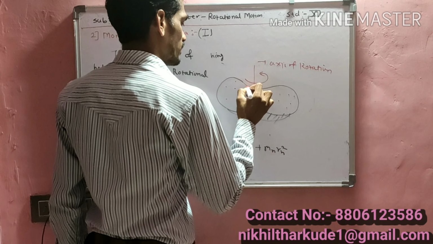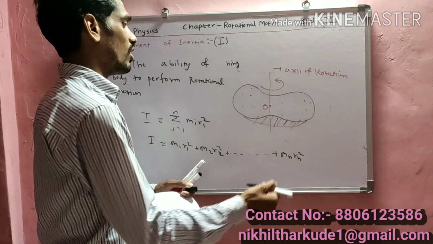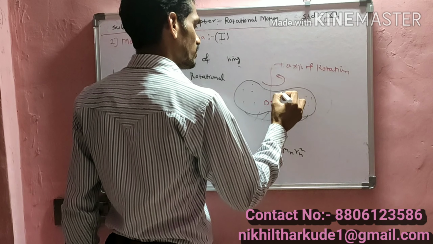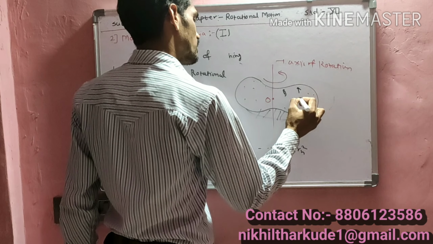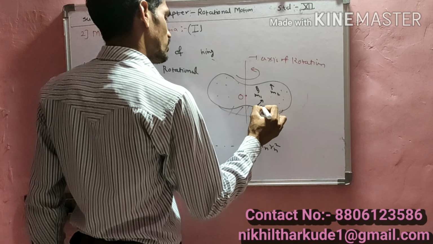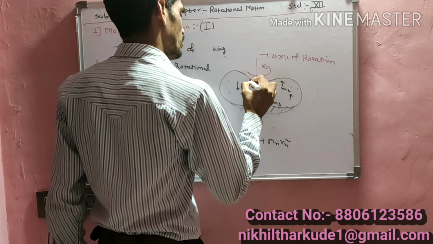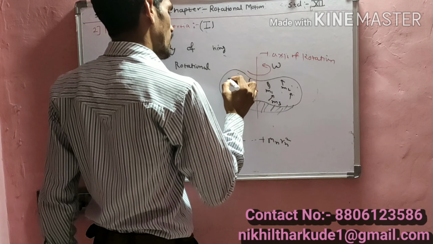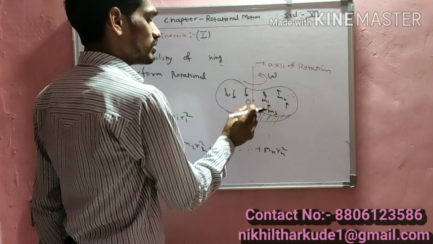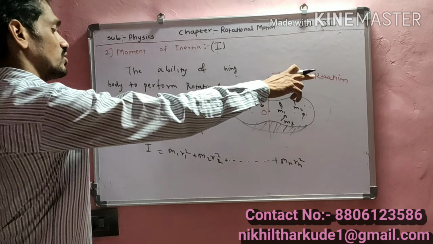Okay, students, and they perform circular motion along this center point O. This particle performs circular motion with m1 mass, m2 mass. This particle also performs circular motion with m3 mass, with angular velocity omega. This body rotates about this axis of rotation.